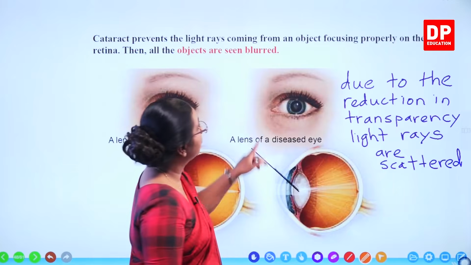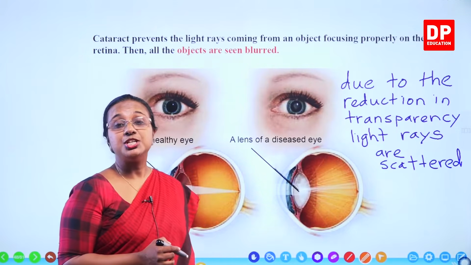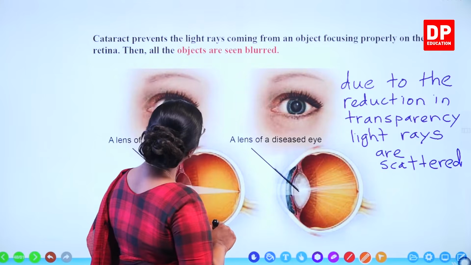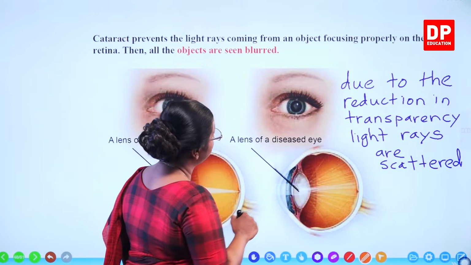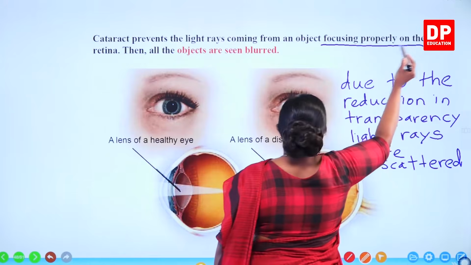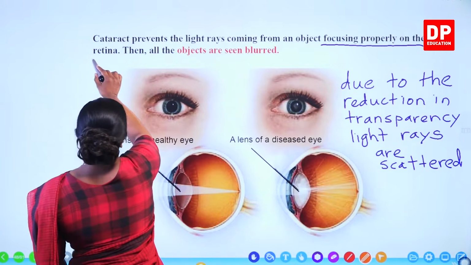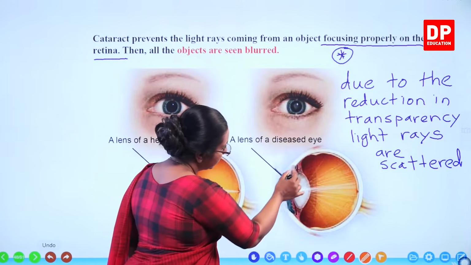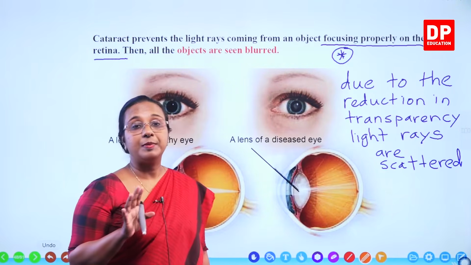So, therefore, the image is not focused properly. Here you can see cataract prevents the light rays coming from an object focusing properly on the retina. That is the problem. So, here students, you can see the opaque lens.